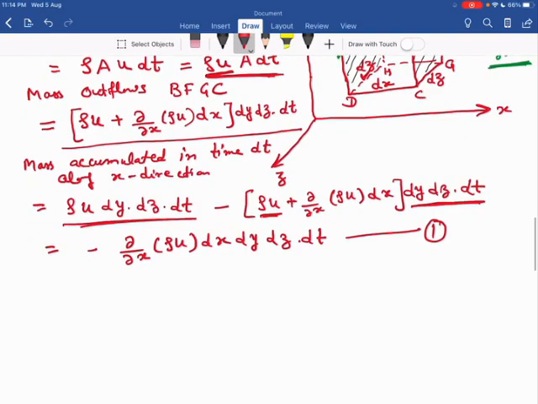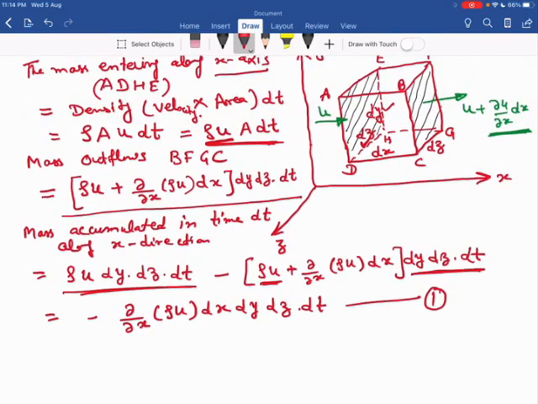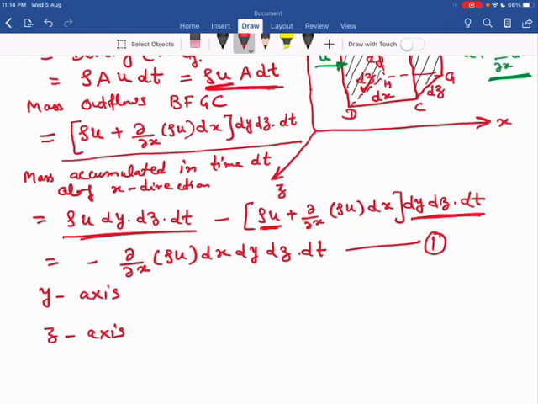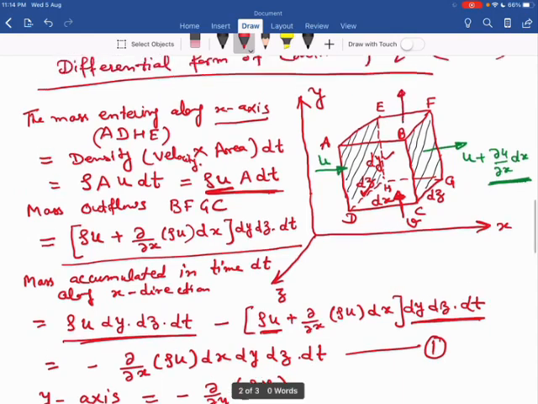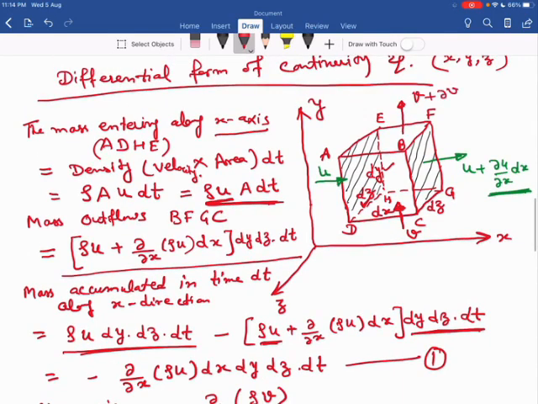Now similarly you can write the mass accumulated along y axis as well as along z axis. Along y axis the mass accumulated is minus curly by curly y of rho v, where v is the component of velocity along y axis. Along y direction the velocity is v plus curly v by curly y into dy.